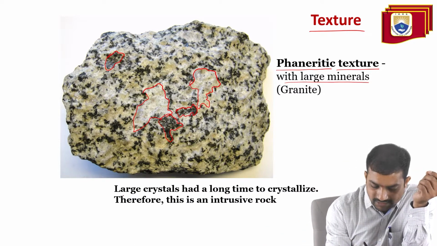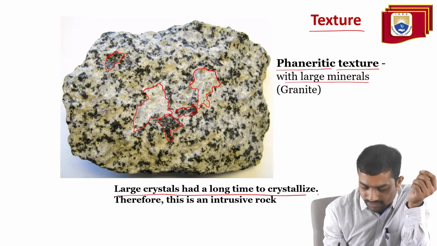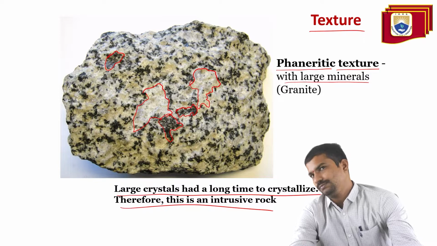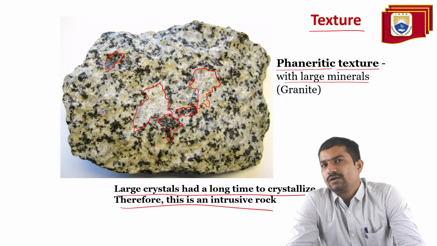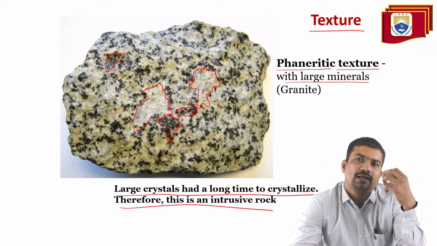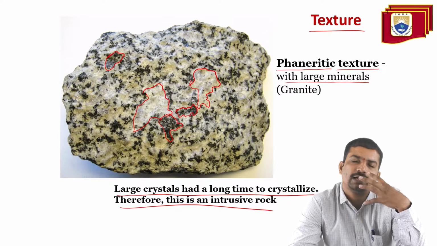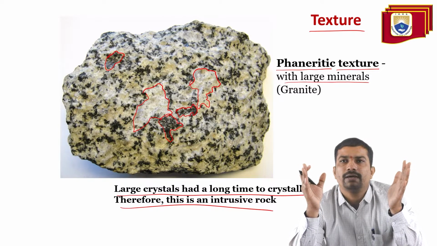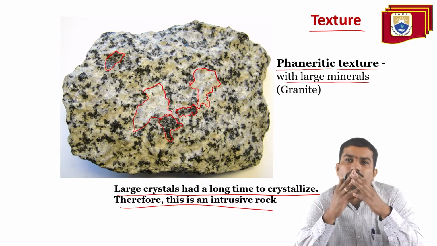So the large crystals had a long time to crystallize, therefore it is an intrusive rock. What we have understood about the intrusive rock: whenever the liquid or the magma cools inside the earth crust, the time taken will be very much higher when compared to the extrusive rock.